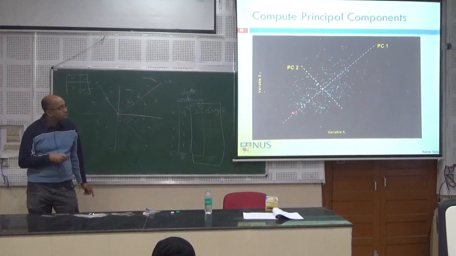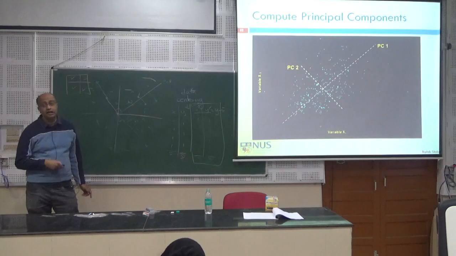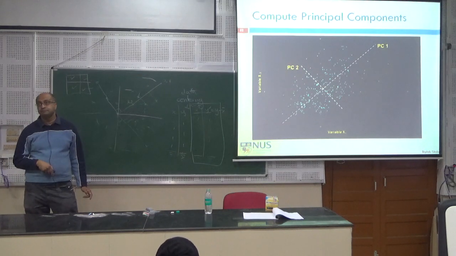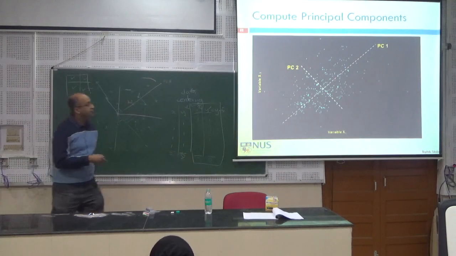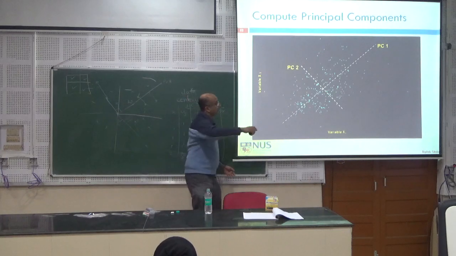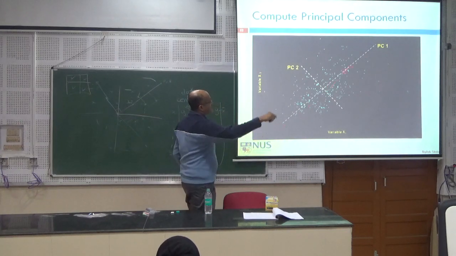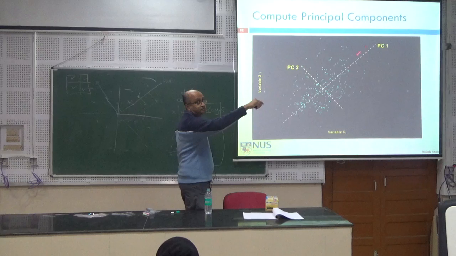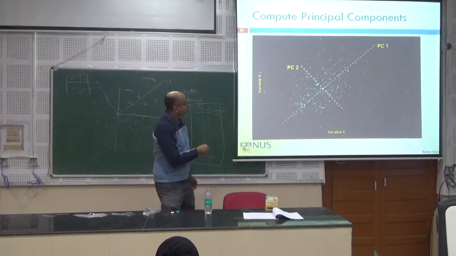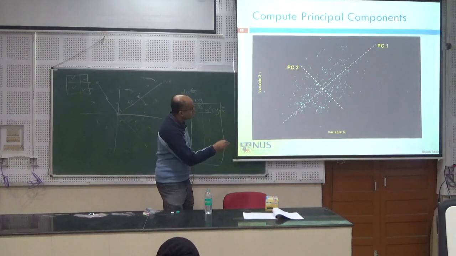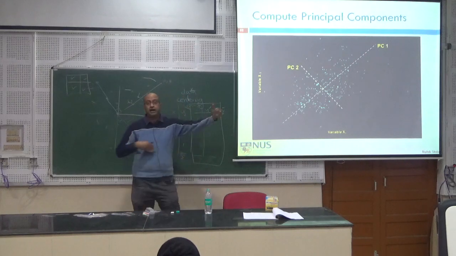So this is one direction of the eigenvector, and this is another direction of the eigenvector. If you look at this, what it says is most of the data varies along this line. Rather than looking here, if you look in this direction, you will see the maximum variation.